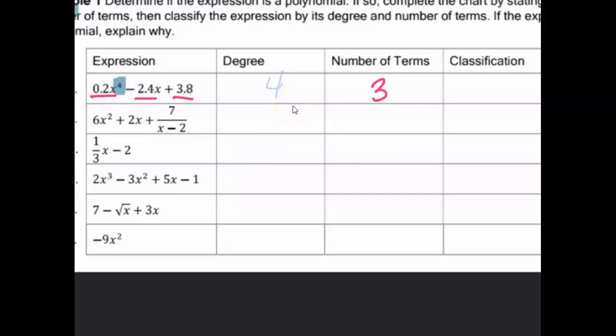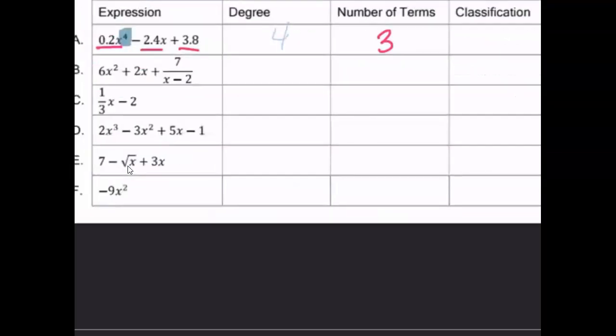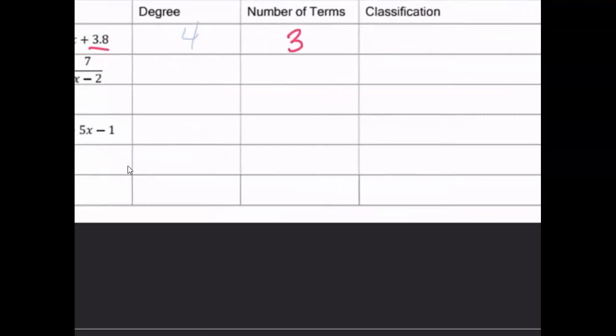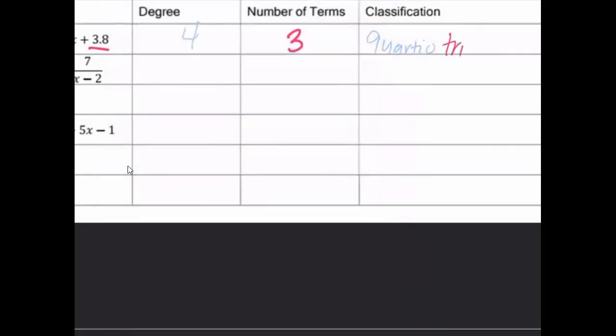Degree goes first, so when my degree is 4, it's quartic. So I'm going to have a quartic, and when it has 3 terms, we call it, remember, a trinomial. So quartic trinomial: quartic because of the degree 4, trinomial because it has 3 terms.